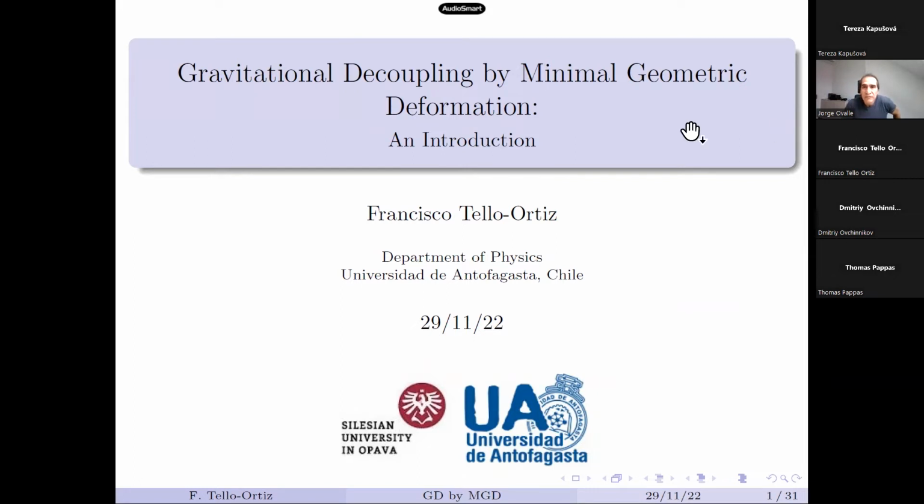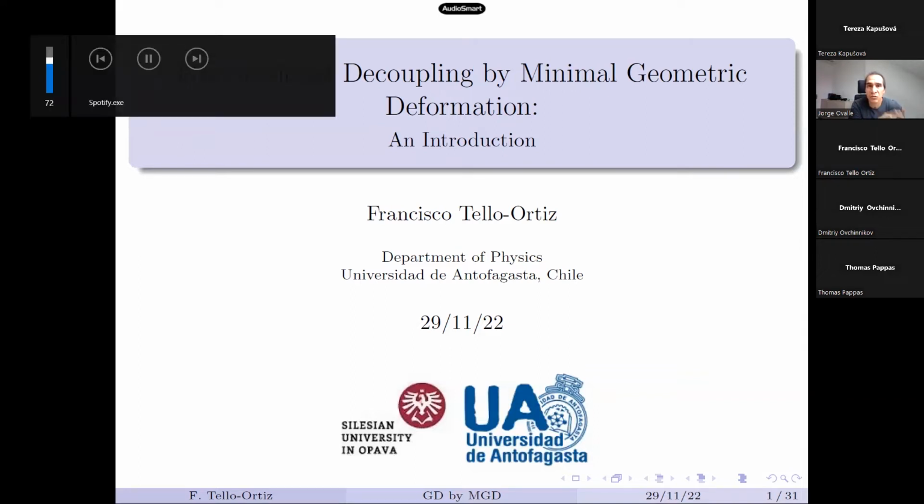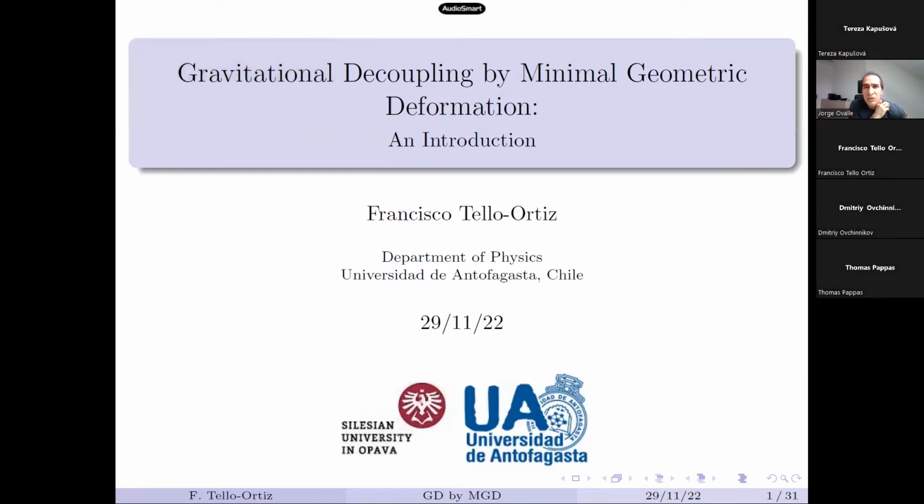Francisco has a big experience working on this approach, so he's going to talk about some basic introduction about the gravitational decoupling. And I think it's going to be about some special case, which we call the minimal geometric deformation. So Francisco, whenever you want, you can start, okay?